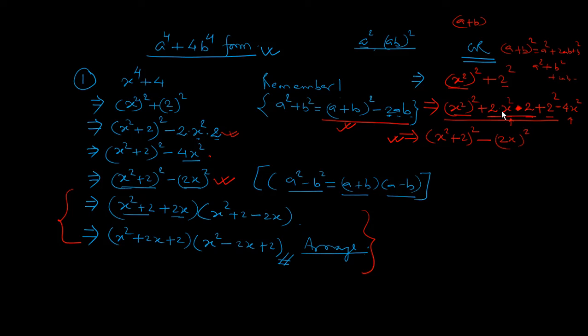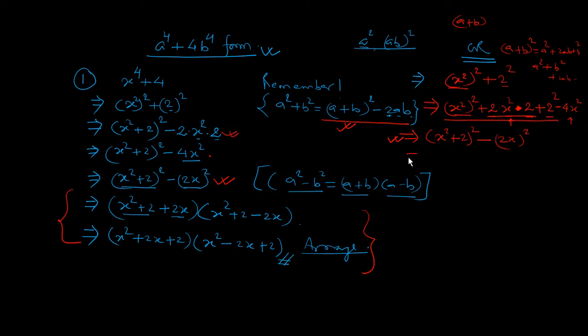For a square plus b square, the a square and b square terms are available here, but the middle term is not. So insert the middle term here and subtract whatever you have added. So 2x square times 2 is 4x square, which is required to develop this a square plus 2ab plus b square form.